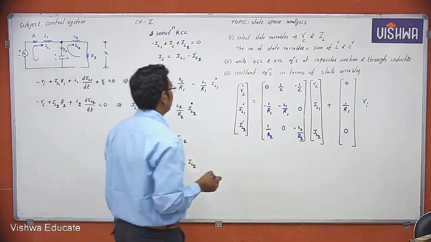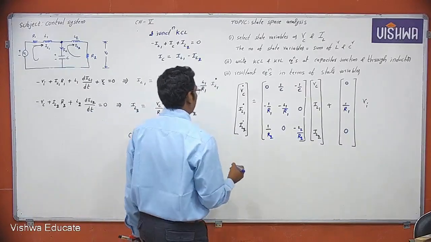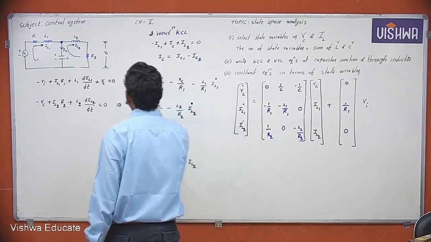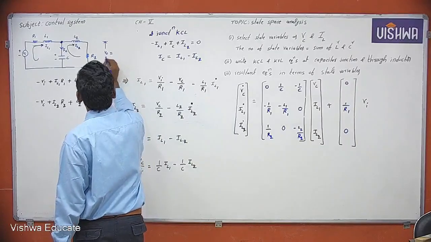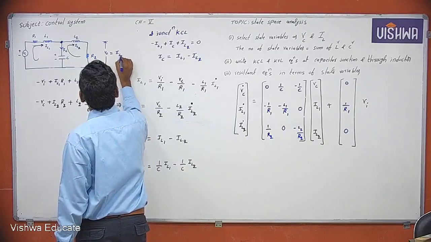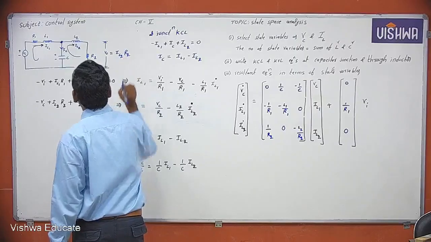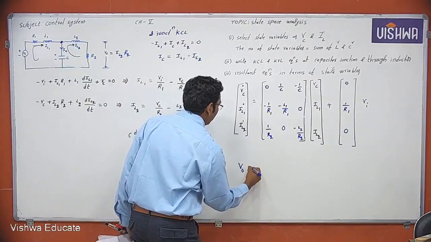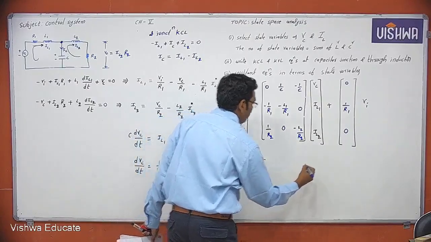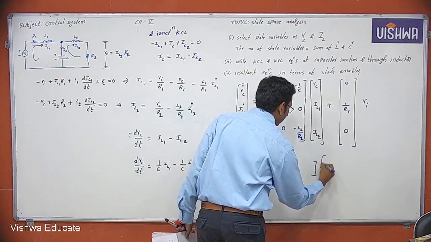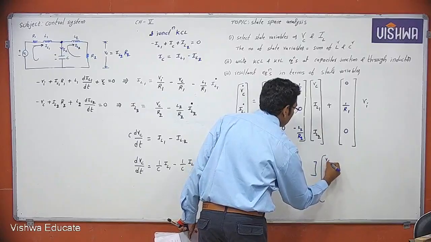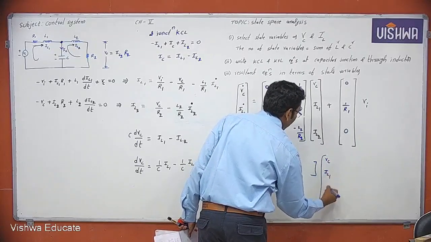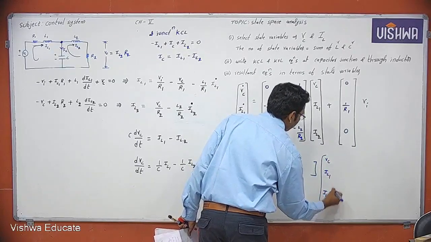Now what is the output equation? Output equation is nothing but V naught. What is V naught? V naught is equal to IL2 into R2. So this is the output equation, V naught equal to a row matrix times Vc, IL1, IL2.